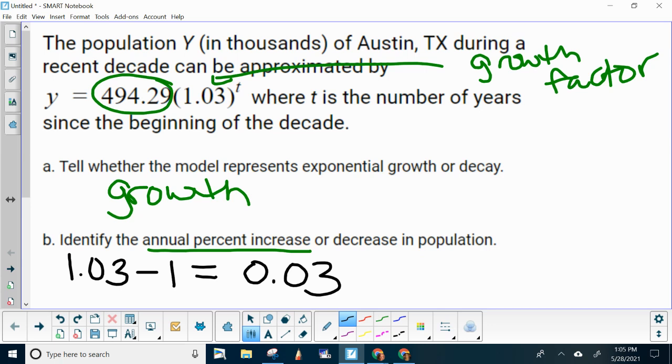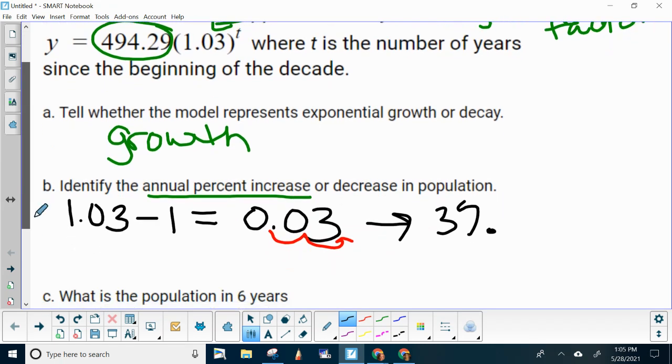To turn that into a percent, you are going to move your decimal 2 to the right. So this number as a percent is 3%. So the 0.03 is the rate as a decimal, but it's actually 3% if we're asking you for a percent.